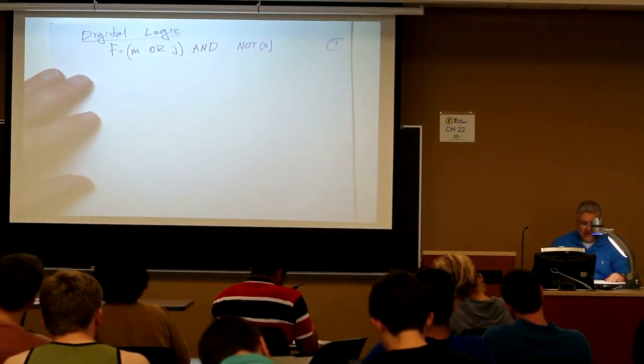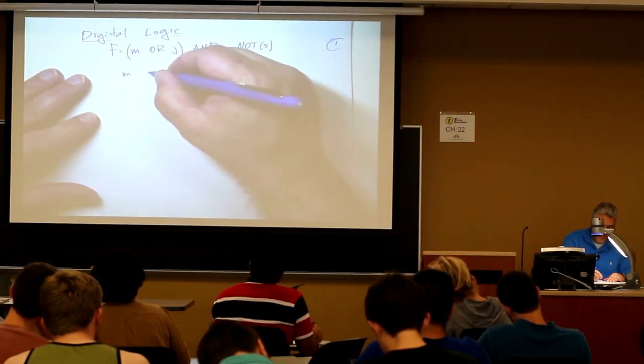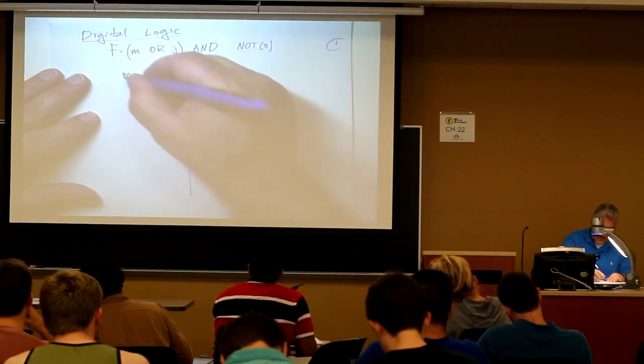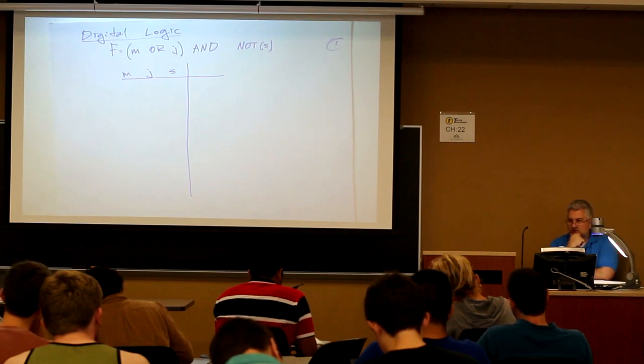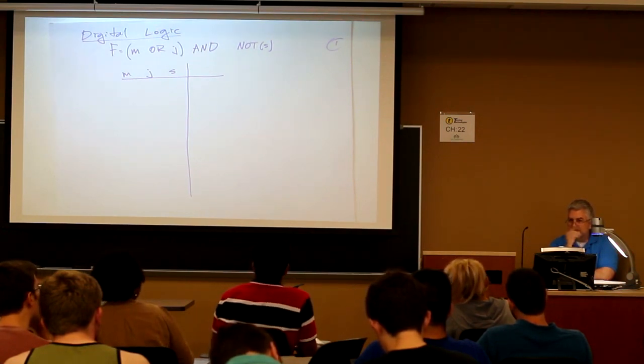So here we're going to go M, J, and S. Now, how many different combinations are there of all of this stuff, right? 16. All right, somebody says 16.